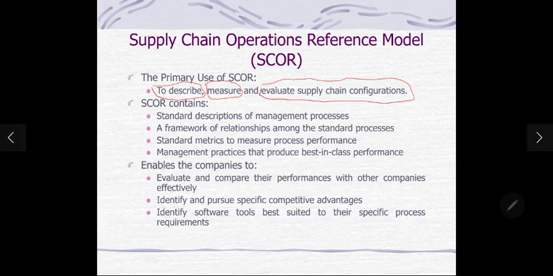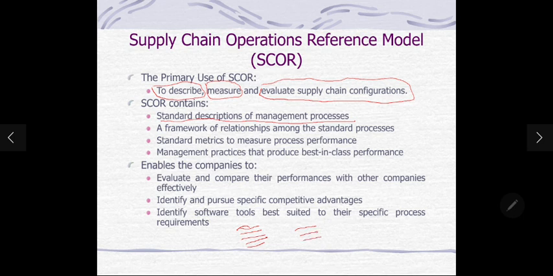In order to do that, we will find that SCOR contains several things. The first thing is it has a standard description of the management processes. In other words, when you're doing sourcing or supplying, or if you're buying something, what is the description of the sourcing or buying? Okay. What is the description of delivering?